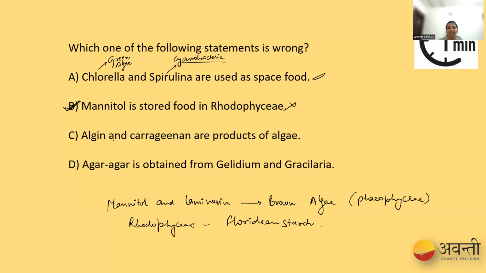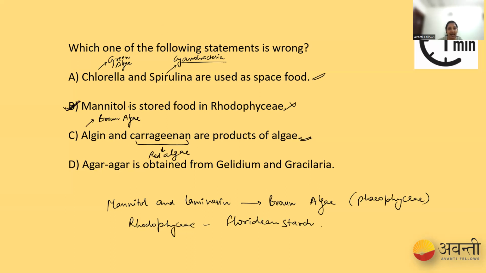Option C says that algin and carrageen are products of algae. Absolutely correct. Algin, we obtain it from brown algae, whereas carrageen, we obtain it from red algae. And both are hydrocolloid substance. That means they have the capacity to hold water.